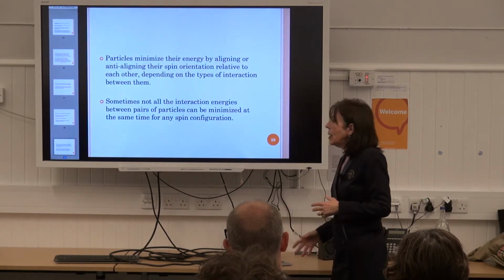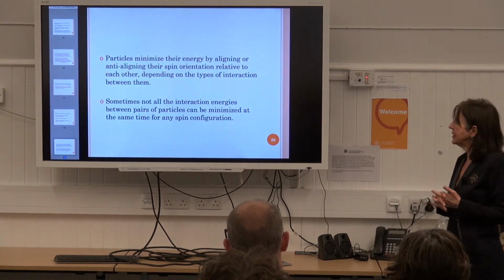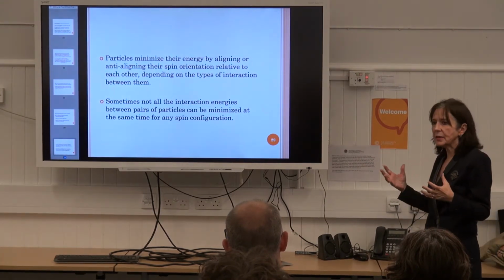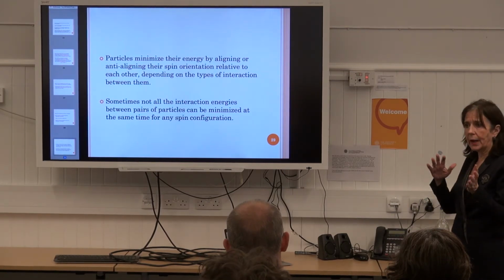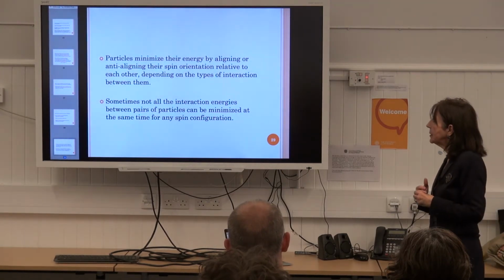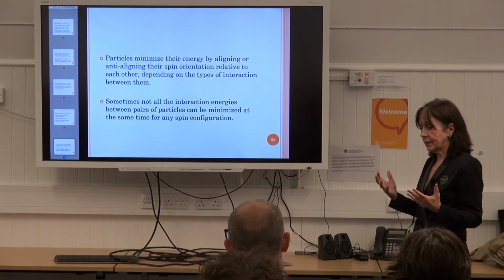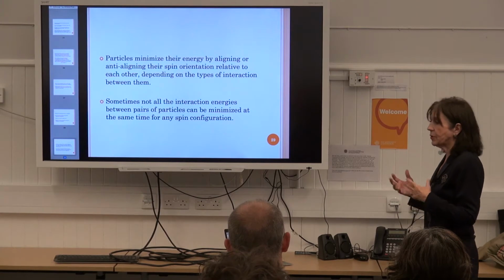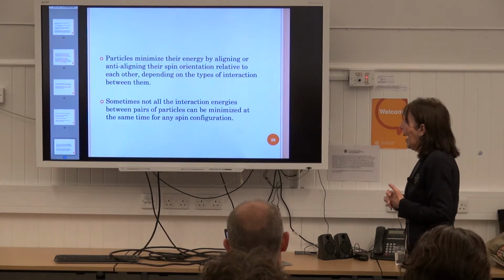So what actually is the problem with quantum magnetism? Well, you've got these particles and they minimize their energy by aligning or anti-aligning their spin relative to each other, and that also depends on the types of interaction between them, so a bit like the Ising model.